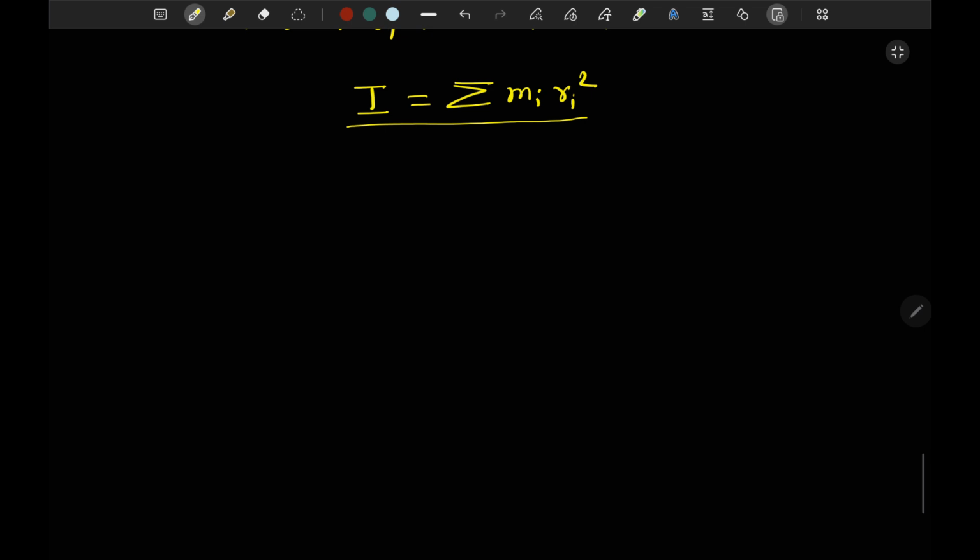Another term comes here, radius of gyration.